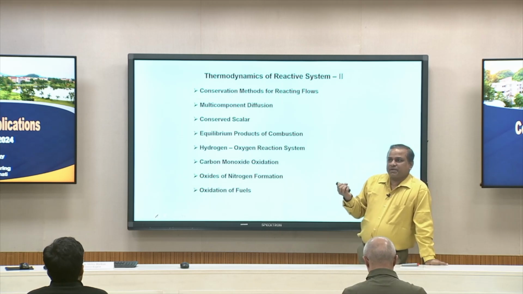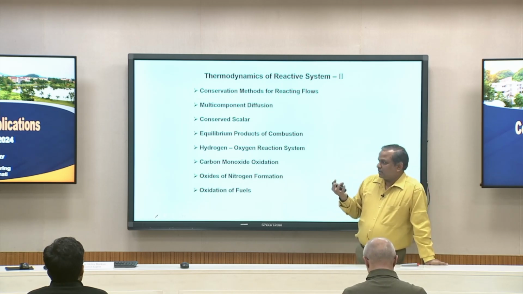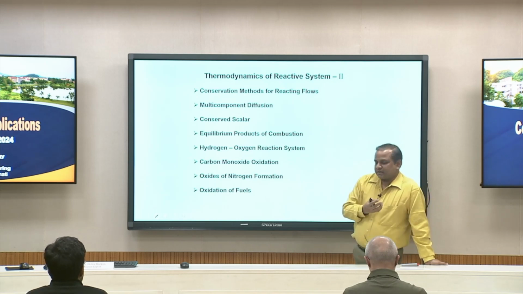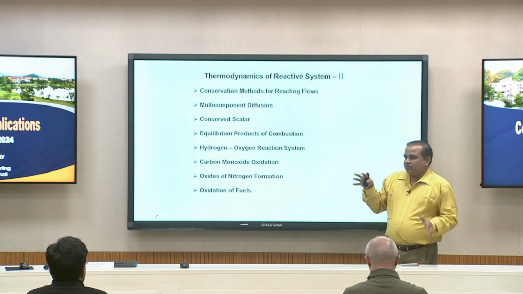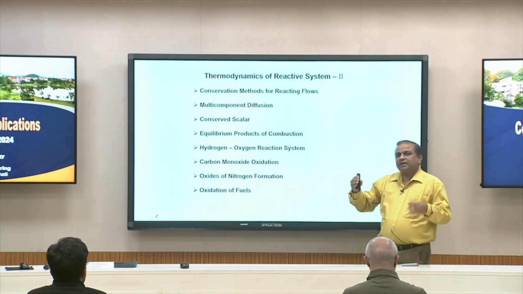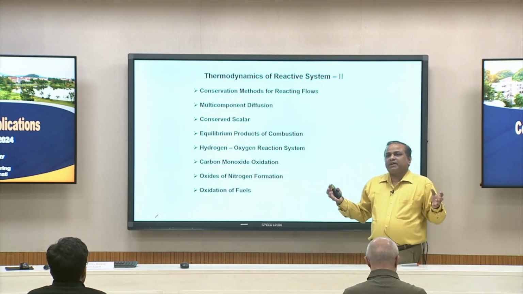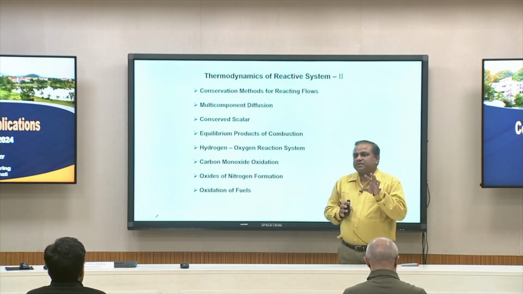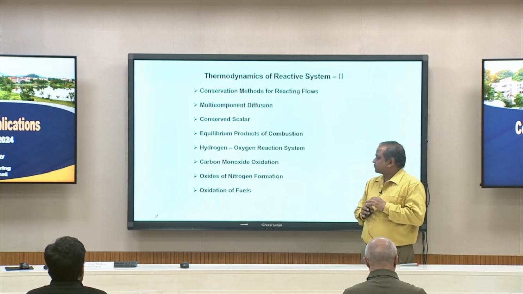So in some zones, phi, which is the equivalence ratio, is lean, in others rich. So we cannot predict the temperature to be uniform throughout that reactor or domain. For that reason, different species are formed. They try to combine among themselves depending on the pressure and temperature conditions in that domain.